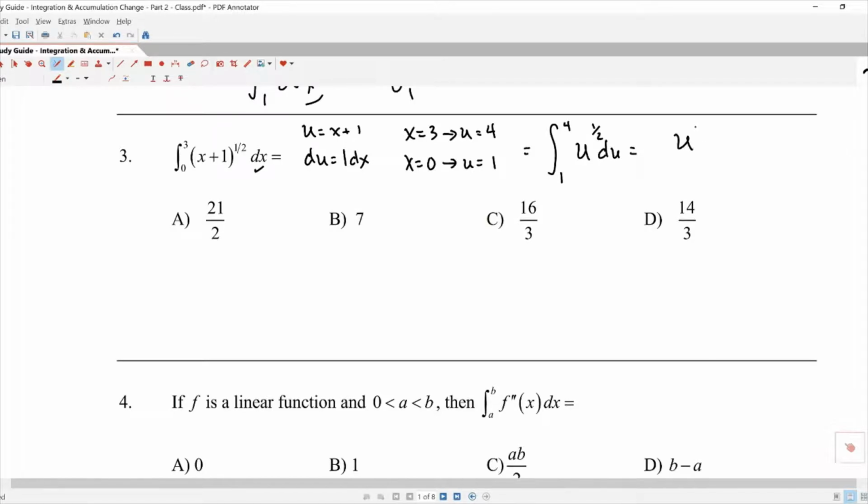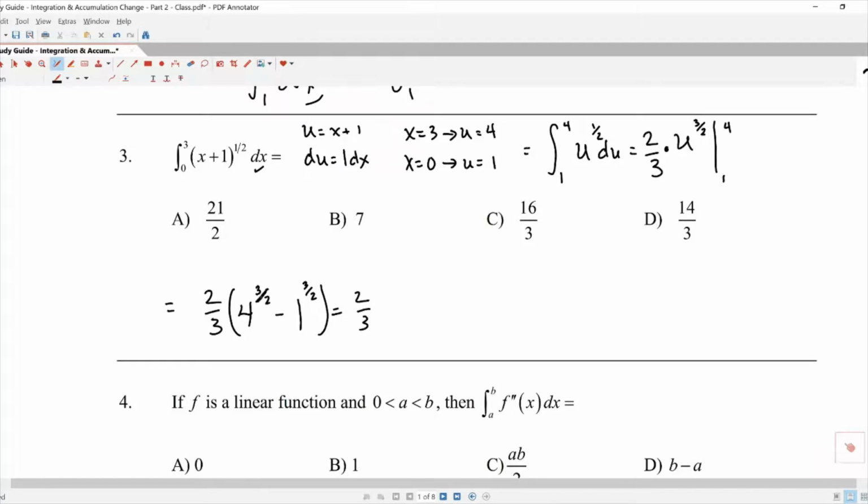So that becomes u to the 3/2 divided by 3/2. And dividing by a fraction means multiplying by the reciprocal. Evaluated from 1 to 4. I'm going to come down here underneath, equals 2/3. That means it's going to be 4 to the 3/2 minus 1 to the 3/2.